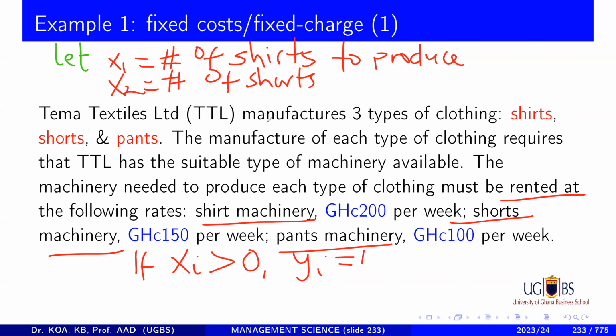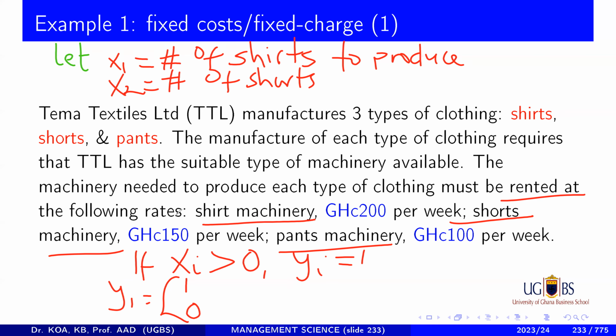This is very important. Therefore, we can say that there are 3 other decision variables, which is Y1, which is going to be 1 or 0, 1 when you're going to incur a shirt machinery, or 0.